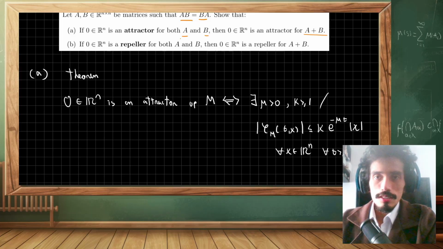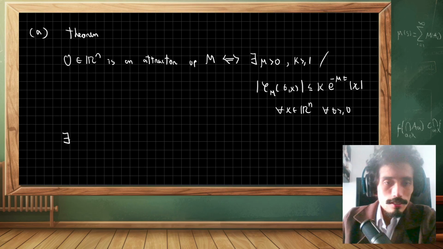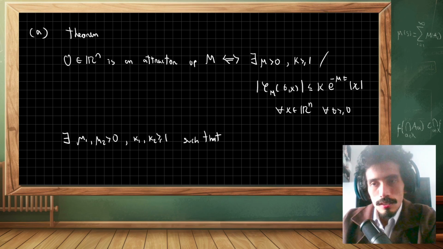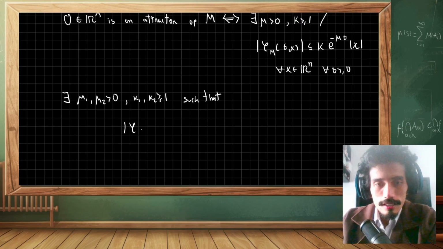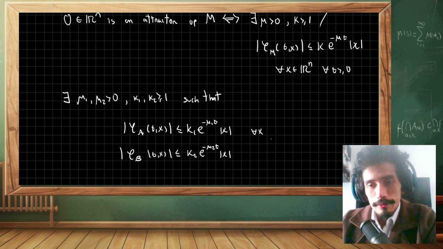So since the origin is an attractor of A and B, then we can assert that there are four constants, let's say mu1, mu2, which are positive, k1 and k2, which are more or equal than 1, such that the norm of the flux of A is less or equal than this here, and the same applies to the flux of B. And for every x, of course, and for every non-negative t.